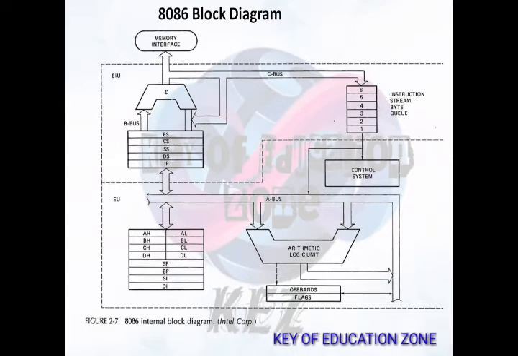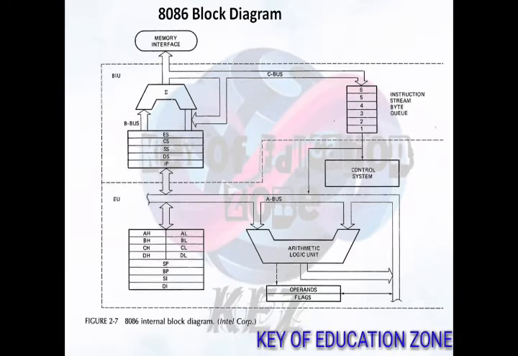Now the instruction decoder and control is there also. Come to the lower part where the ALU operand and flags are there, and it goes to the EU, that means the accumulator AL, lower and higher, two parts, 8-bit each, total 16-bit, BH, BL, CH, CL, DH, DL, and SP, BP, SI, DI, all are there.